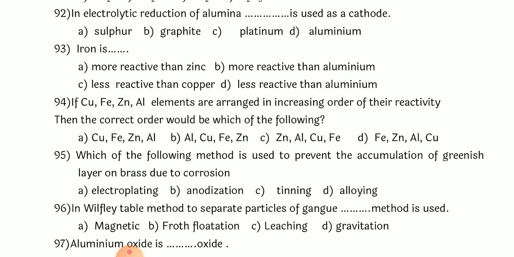First we placed zinc, then aluminium, then copper, then iron. Now you have to give the increasing order of reactivity, so A only. You have to come from left to right, from our experiments. So option is A.